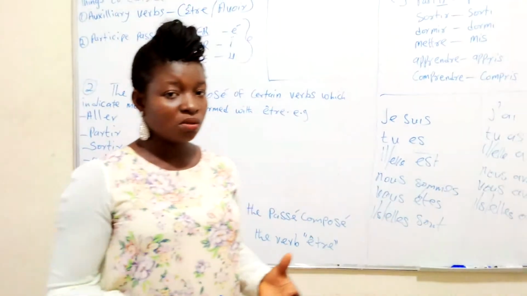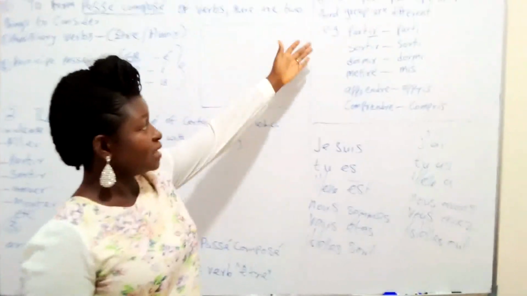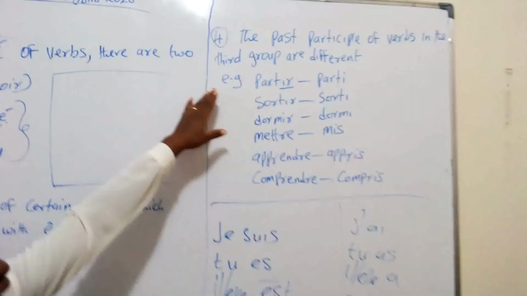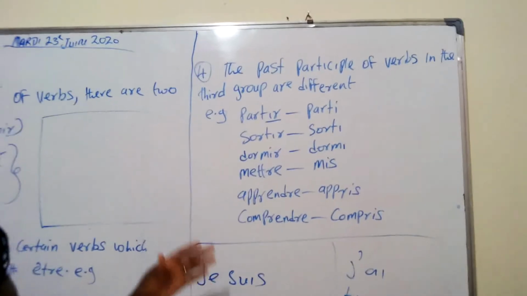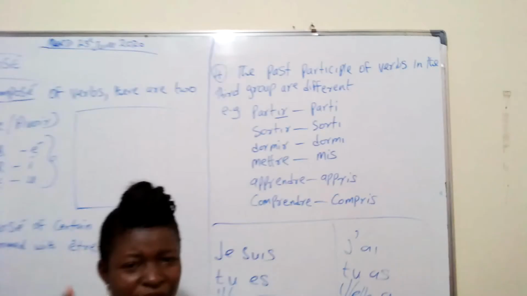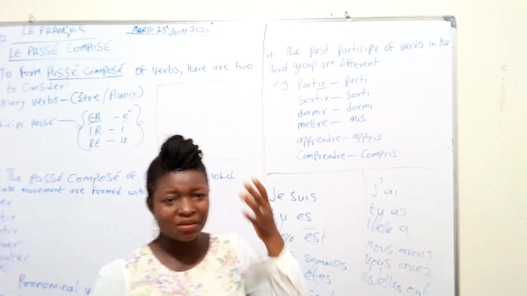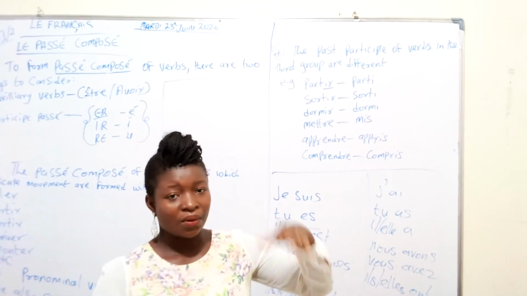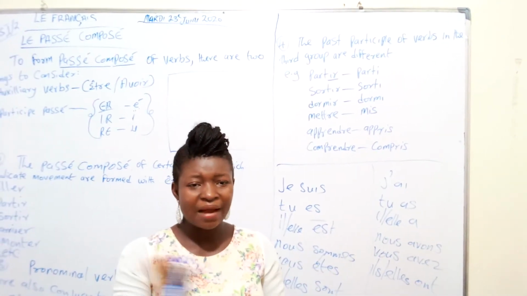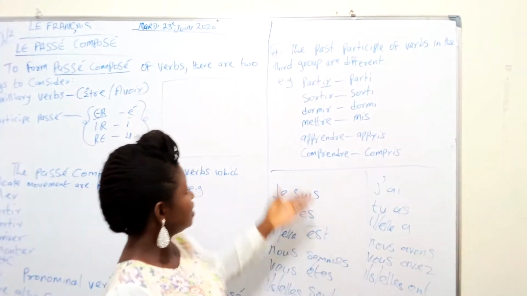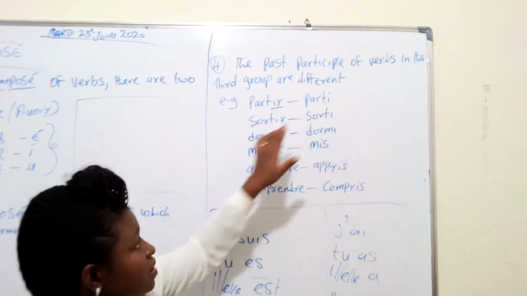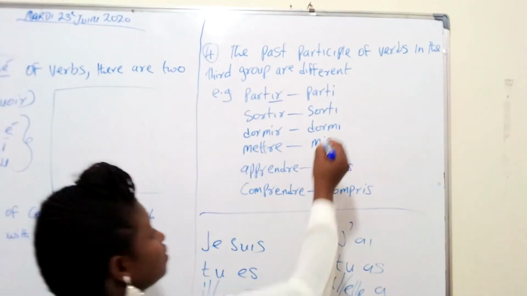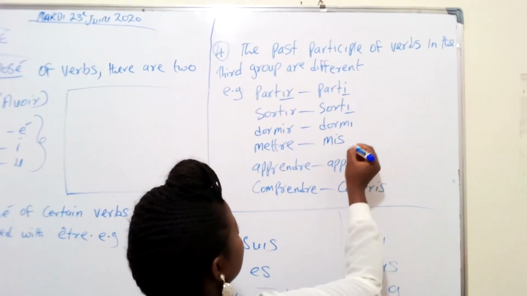The last thing we're going to look at now is that the past participle of verbs in the third group is different. The third group verbs are verbs that don't just concentrate on whether it's er or this or that. Their conjugations vary in one way or the other. Now you see that partir here, which is an ir verb, is this. Look at the participe passé.